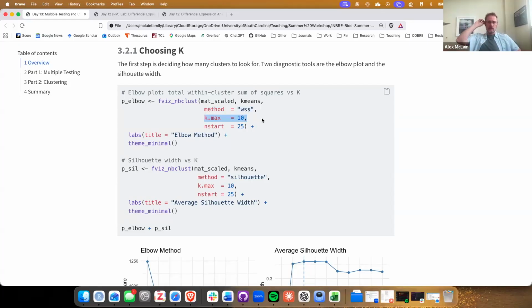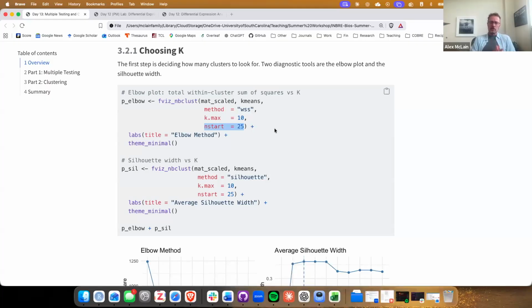So it'll consider 1, 2, all the way up to 10 clusters. In nstart, this is going to be for each value of k, the number of random starts that it is going to use. So it's not going to do this once. It's going to do it 25 times for each value of k.